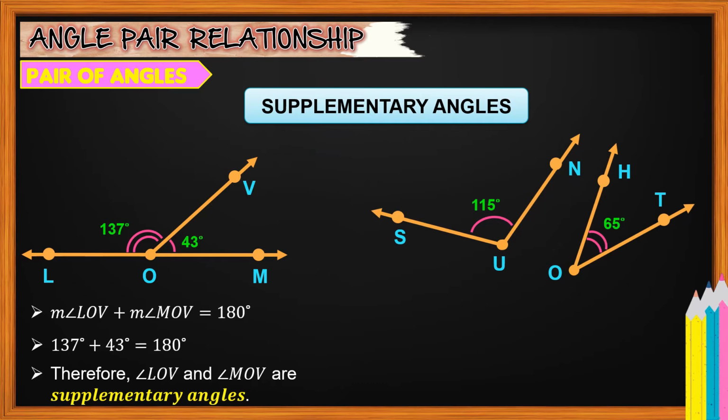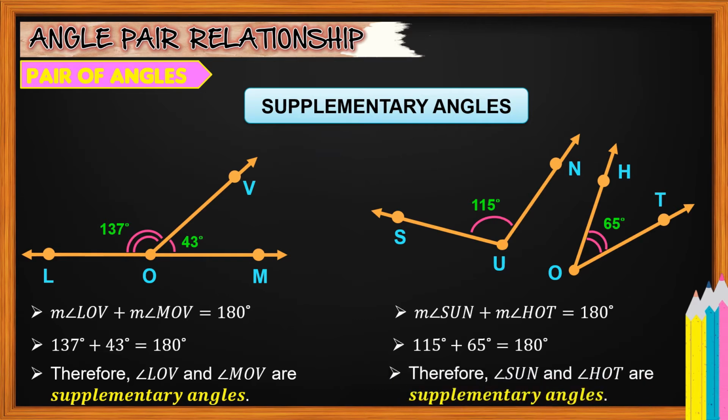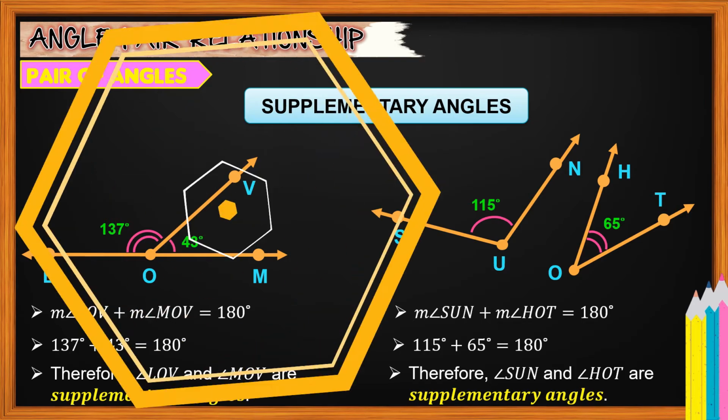For the second figure, given the measure of angle SUN plus the measure of angle HOT is equal to 180 degrees. If we substitute the given values, we have 115 degrees plus 65 degrees, that is equal to 180 degrees. Therefore, angle SUN and angle HOT are supplementary angles.